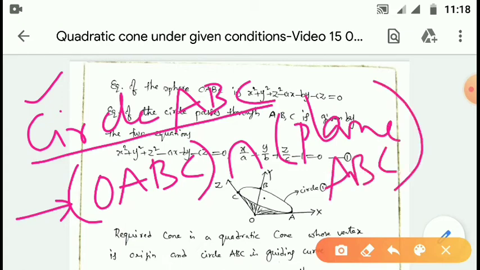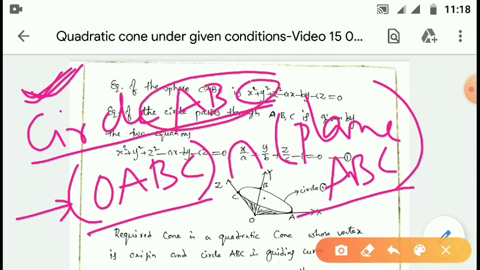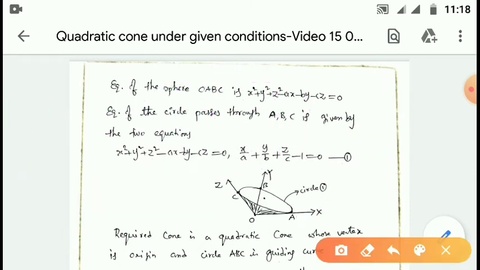Actually, circle ABC is nothing but the intersection of sphere OABC with plane ABC. Therefore, the equation of the circle ABC can be given by two equations, the equation of the sphere OABC and the equation of the plane ABC. These two equations represent this circle.